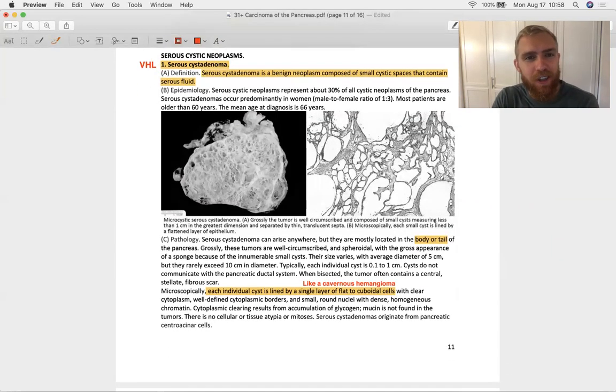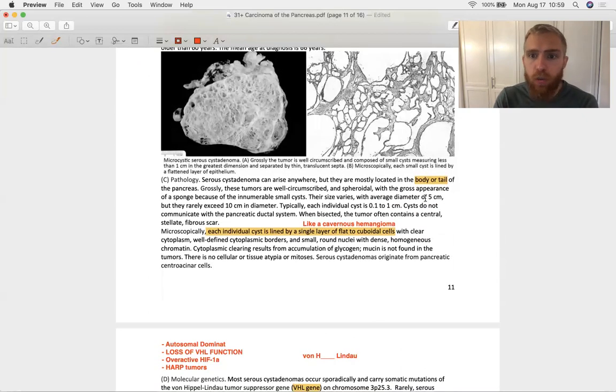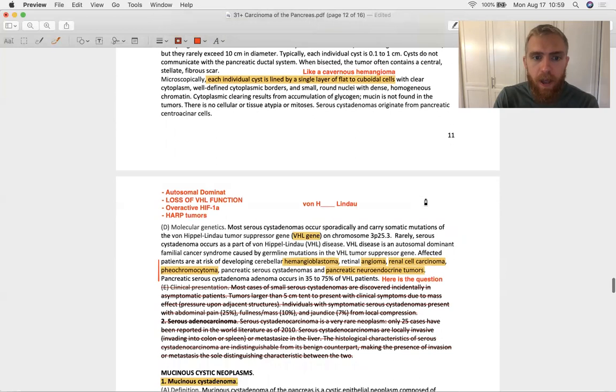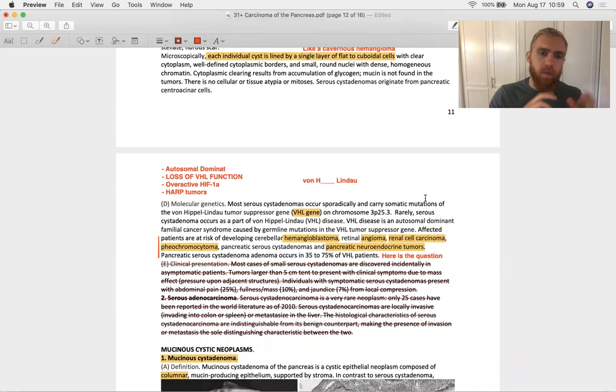So serous cystic neoplasms, you need to know the serous cystadenoma, which is associated with the von Hippel-Lindau gene being out. That is a tumor suppressor gene that ubiquinates hypoxia-induced factor 1A. And HIF-1A is a damage response protein, so it makes cells grow, right? Same as VEGF, basically. You got VEGF, you're making new blood vessels, okay?